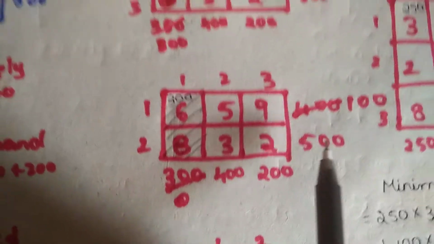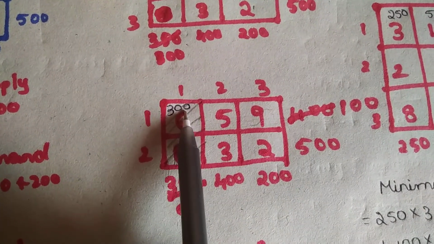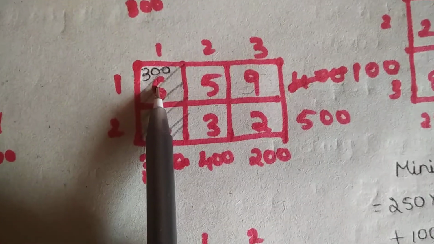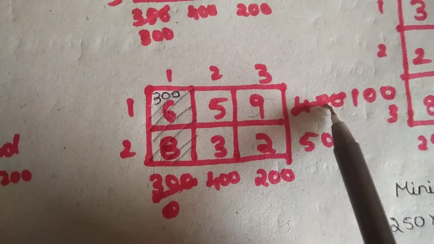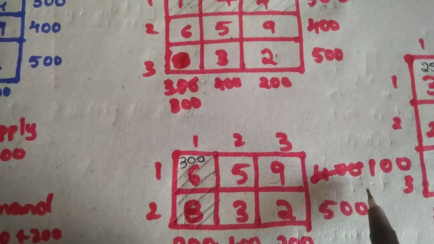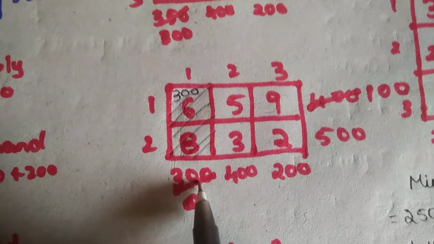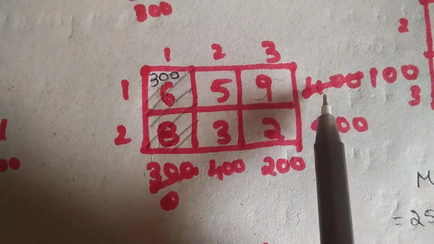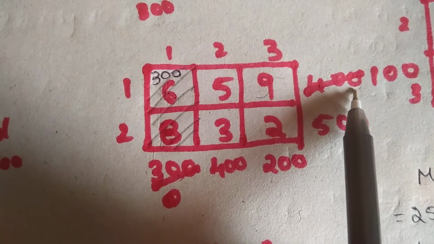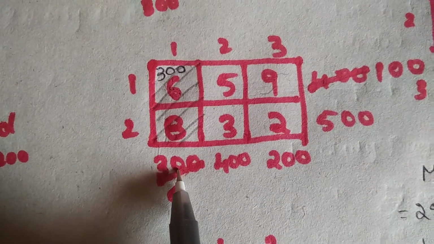Now I consider this 6 as the northwest value. Here it is 400 in the row, and the column value is 300.